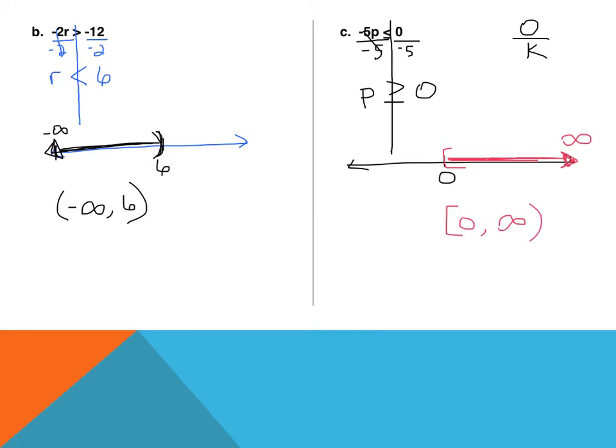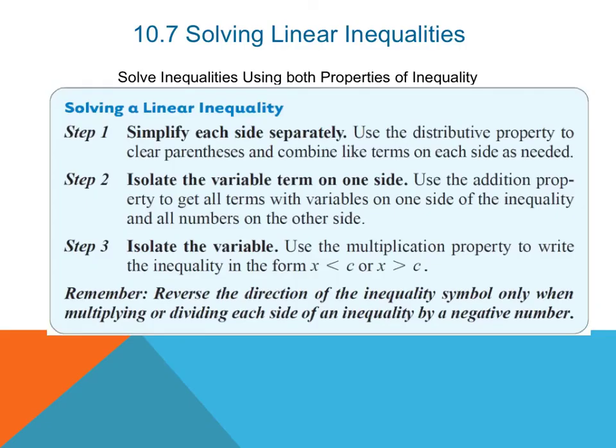Okay, our steps for solving a linear inequality are going to be the same steps that we used for solving equations. The only difference is to make sure that when you multiply or divide by a negative, that you reverse the direction of the symbol.